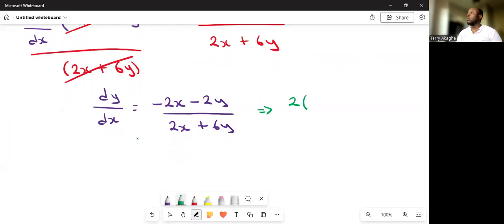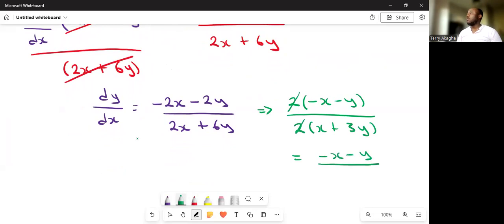So you're going to have 2 into brackets minus x minus y divided by, the common factor here is going to also be 2, x plus 3y. Are you seeing it? So 2 cancels out, and you then have minus x minus y divided by what? x plus 3y. Okay? So this could be the answer, or you can have the other as the answer.